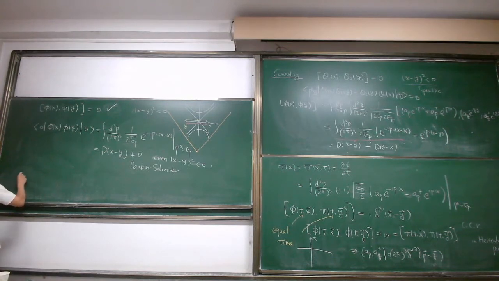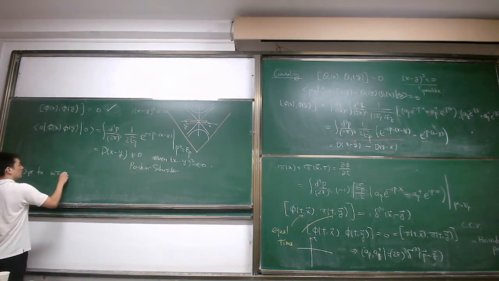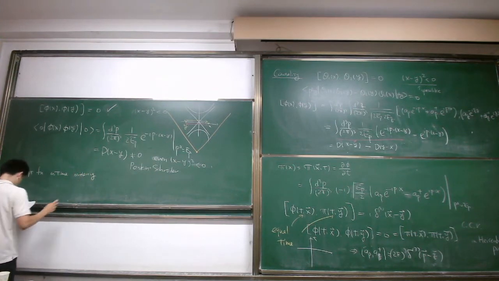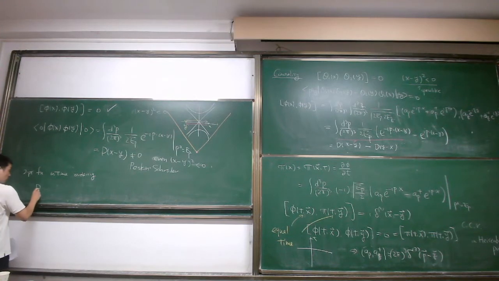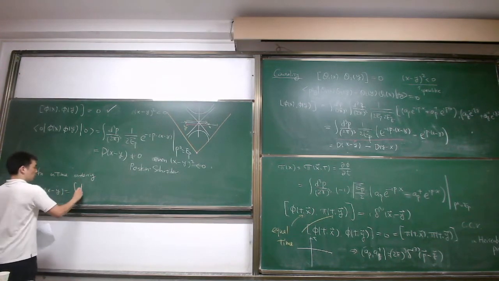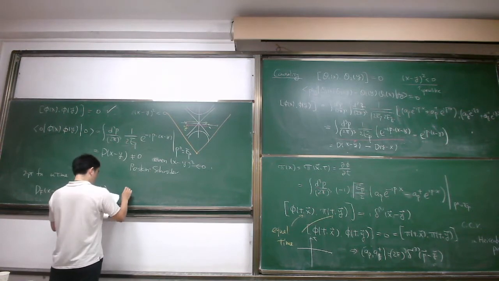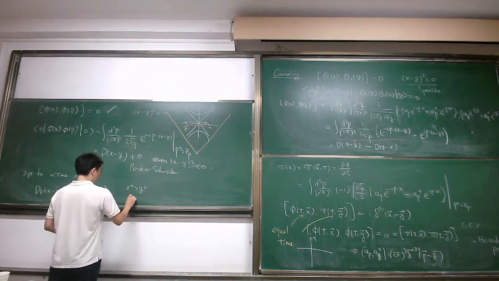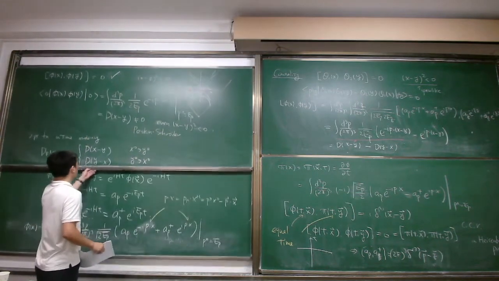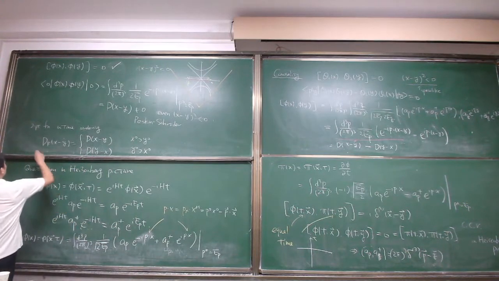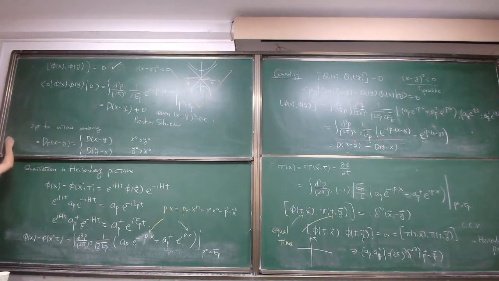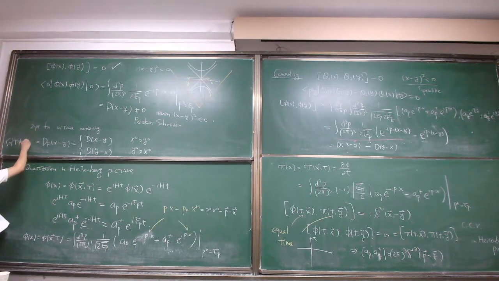So we consider a two-point function with time ordering, and often people just write this as the vacuum expectation value of T of phi(x) phi(y).